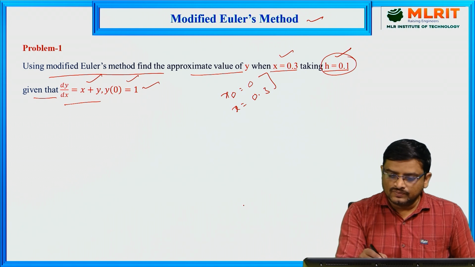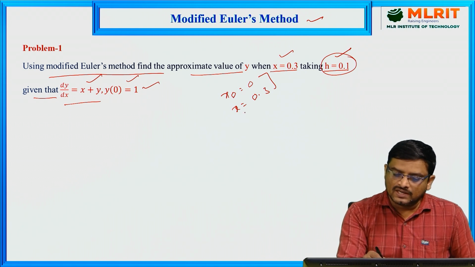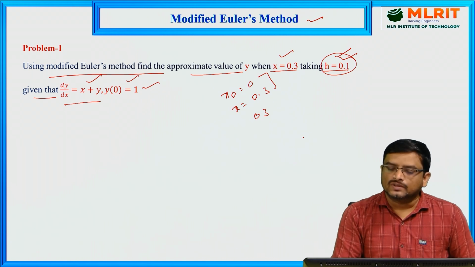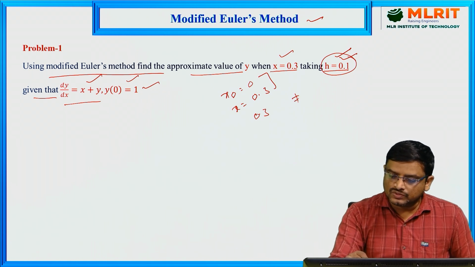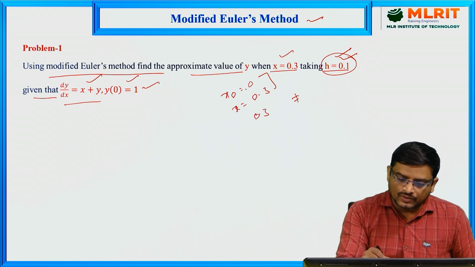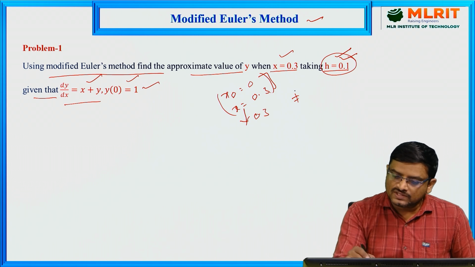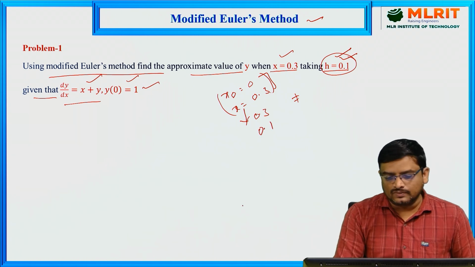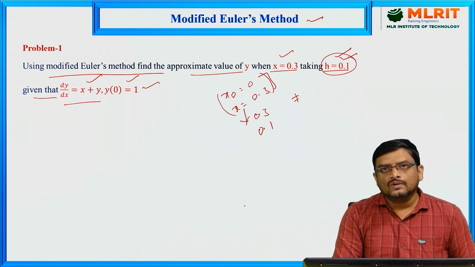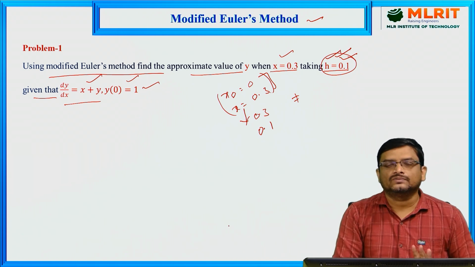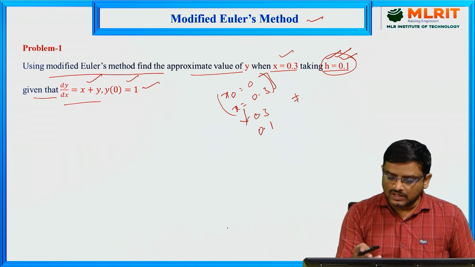Here the difference between x naught and x is 0.3 and our h value is 0.1, so these two are not equal. So we have to divide this interval into subintervals whose length is equal to 0.1, by taking the help of this h value. Now we'll see how to construct this.